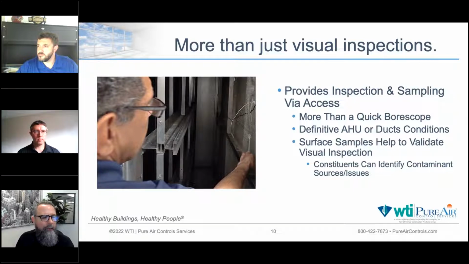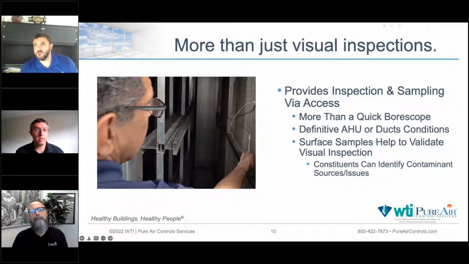And so, Karl, when we're talking about more than just visual inspections, what are we looking at here? Yeah, we're talking about utilizing sampling of different kinds to essentially tell us if we do see something that looks dusty or dirty, well, what's in it, right? Is this something that may be related to belt dust?